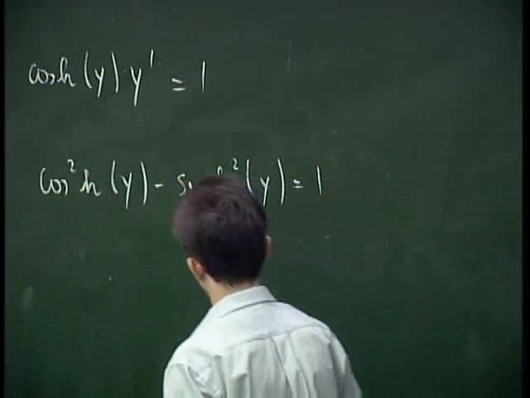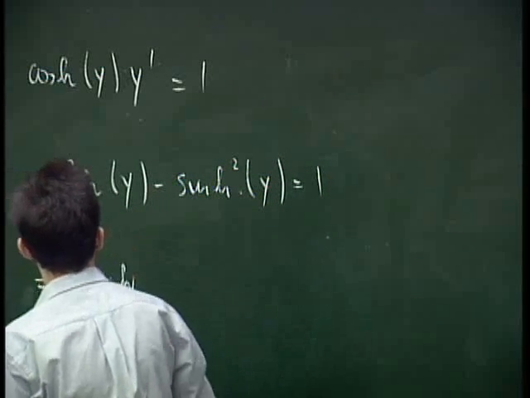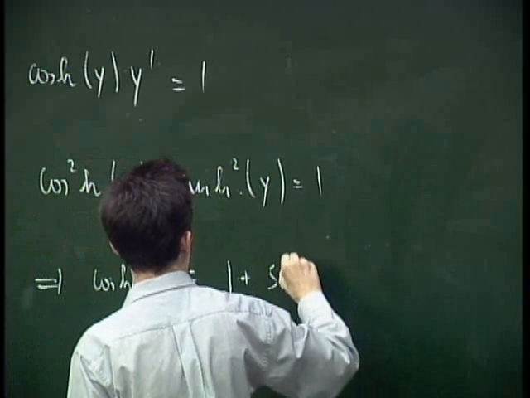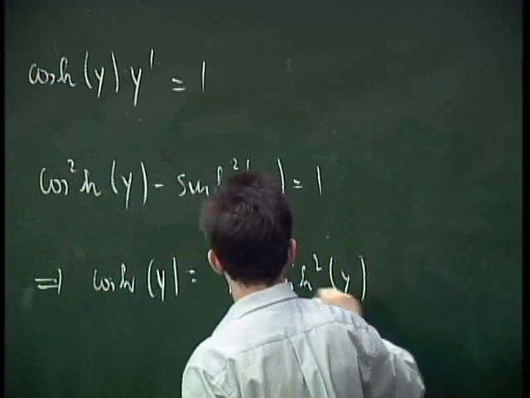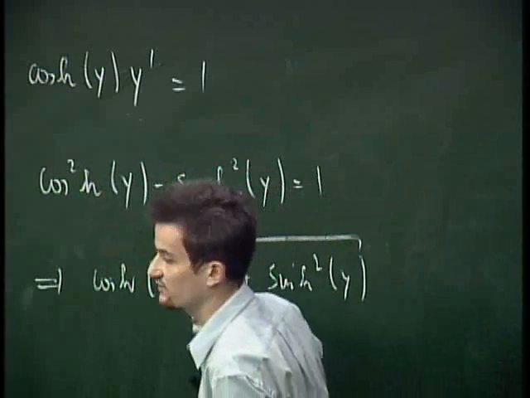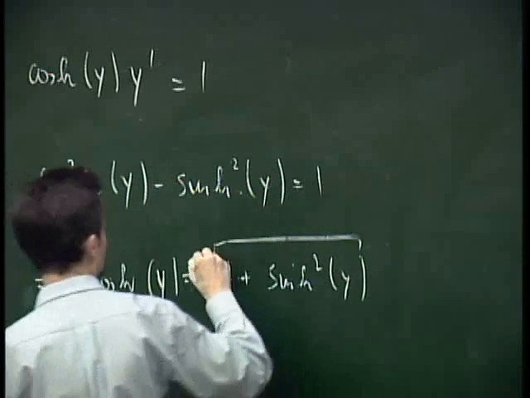Okay, so we see from this relation that the hyperbolic cosine of y is equal to the square root of 1 plus the hyperbolic sine of y squared. You can forget about the negative root. Actually, you have 2 here, plus minus. So maybe just to make this precise, you have here 2 roots, plus minus.